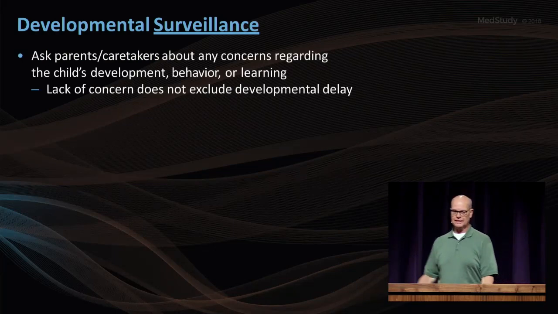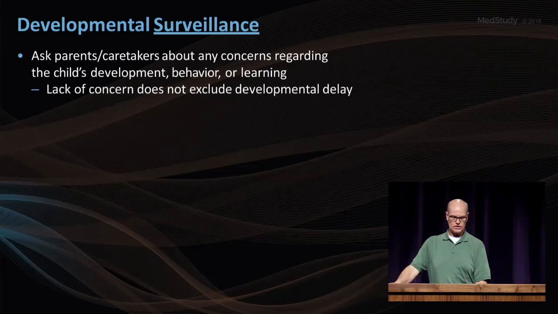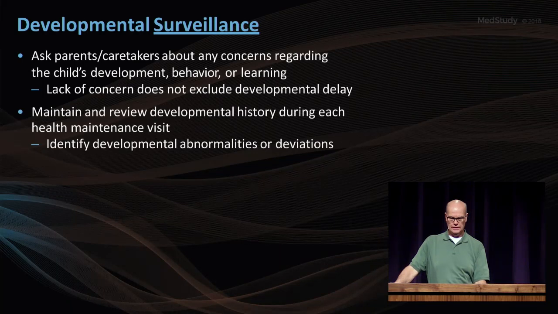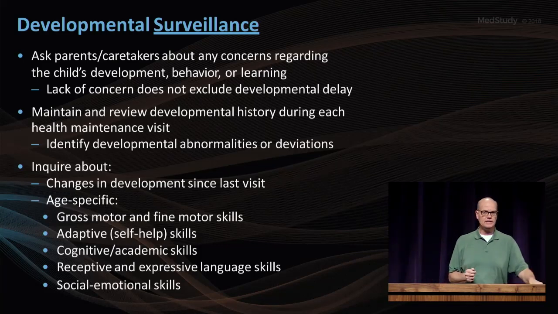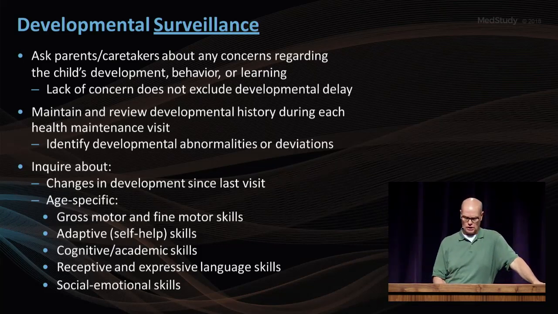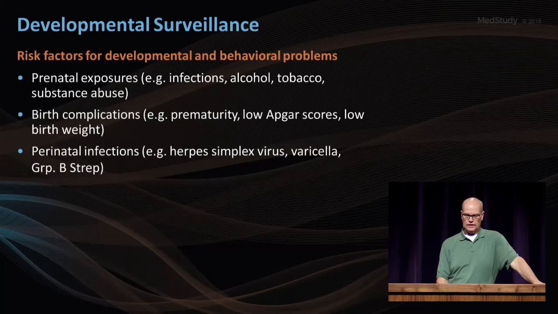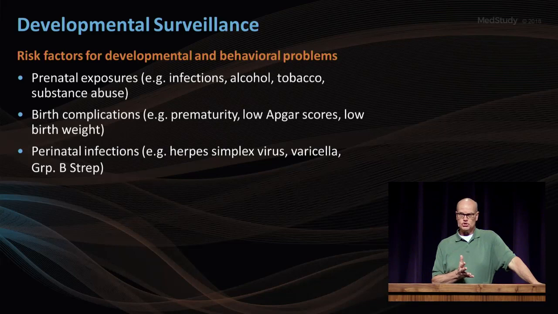So during developmental surveillance, again, this is a conversation with parents and caretakers about any concerns they may have. And it's important, and the Academy emphasizes this over and over again, to review developmental history, to try to identify any developmental abnormalities, and to inquire about all these various skills in accordance with the AAP Bright Futures recommendations. Now, in regards to developmental surveillance, you may come up with concerning information.